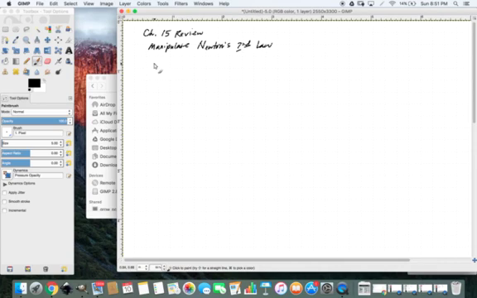And when we did that, we found this expression: mv1 plus the net of these, integral F dt over some time interval, let's say t1 to t2, is equal to mv2.